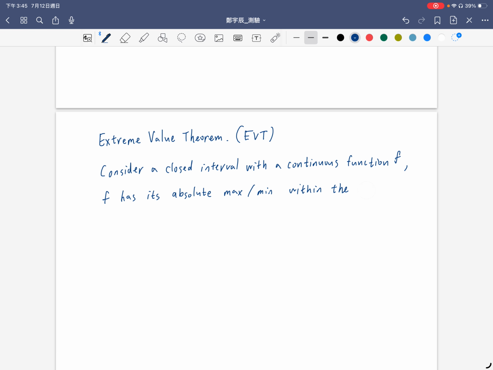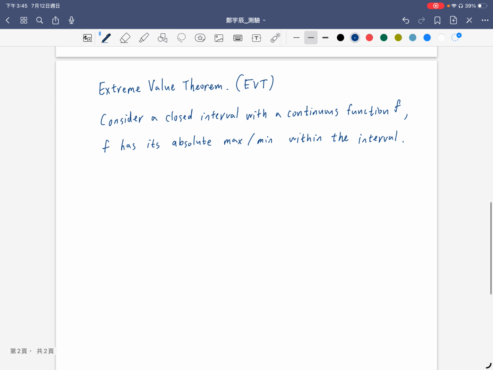Within that interval. So it is like, suppose we have a closed region, and if your function f is continuous over this region, then there has to be an absolute maximum and minimum inside this interval.